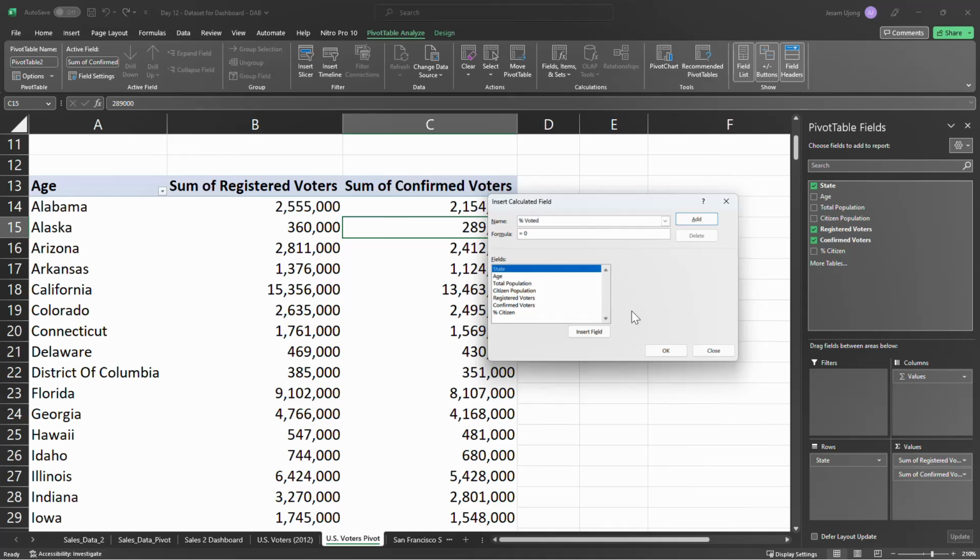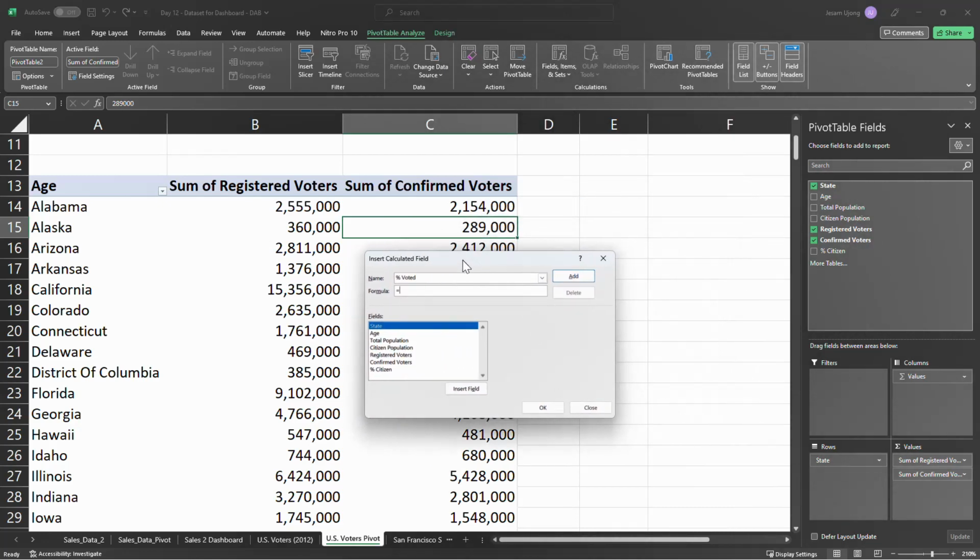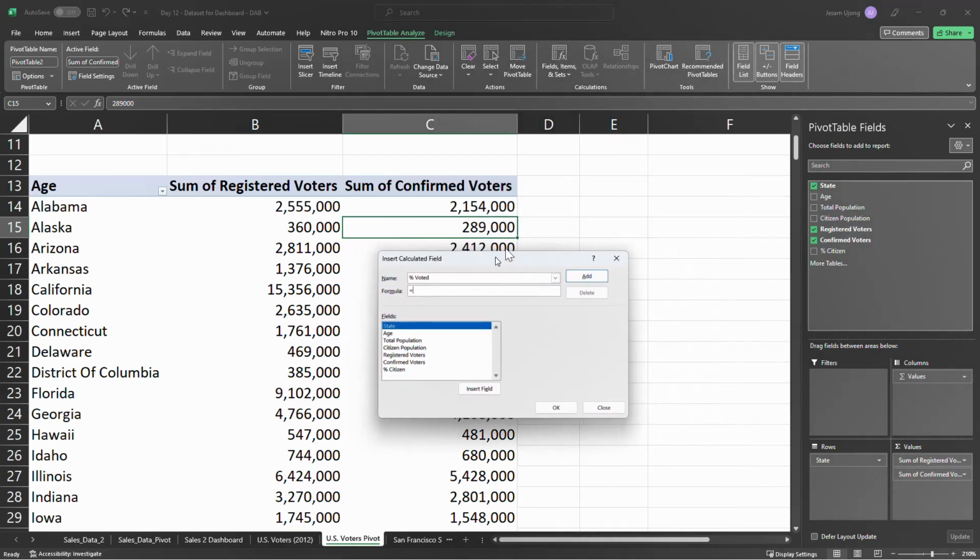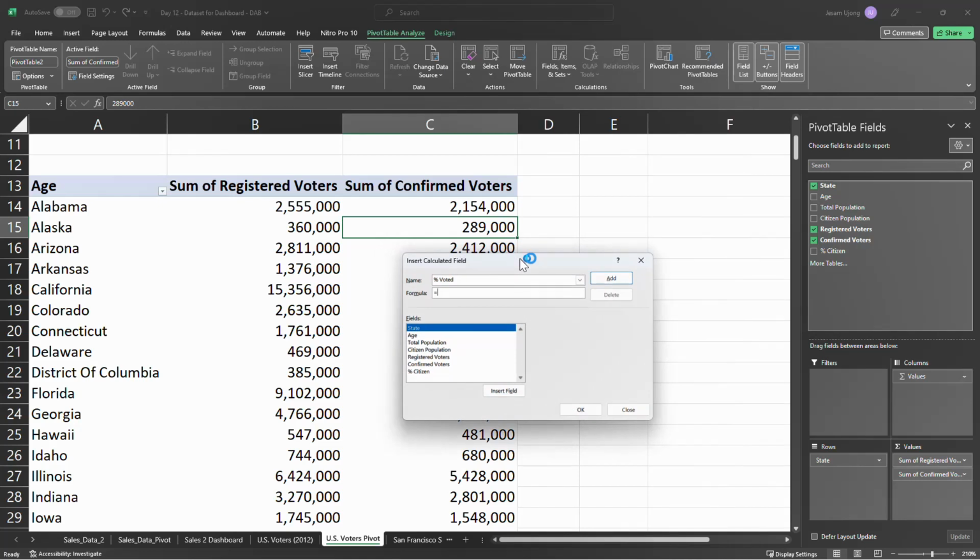Let me just put percentage voted. Now that's for the name section. Now I go to the formula. A calculated field is just like saying, I want to put my own formula into the pivot table. The formula here is, sorry, I don't think I can zoom in on this particular field.